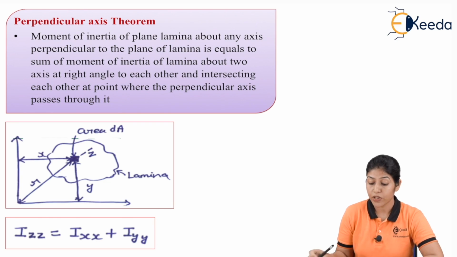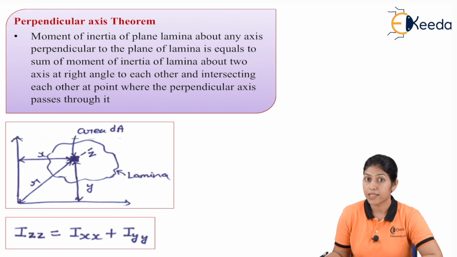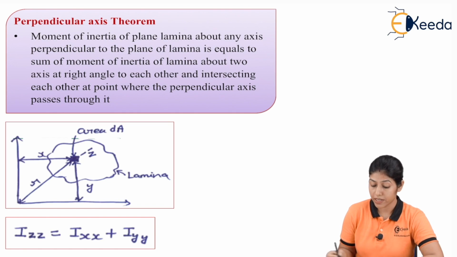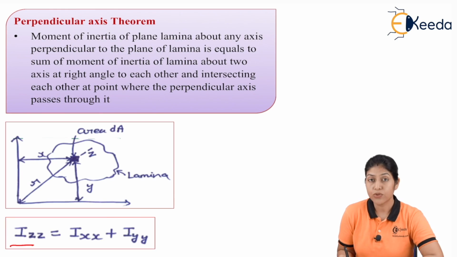So the moment of inertia of the plane lamina about the zz axis will be equal to the sum of the moment of inertia of the lamina about the xx axis and the moment of inertia about the yy axis, and we can write the equation as per this concept. It is Izz equals Ixx plus Iyy.